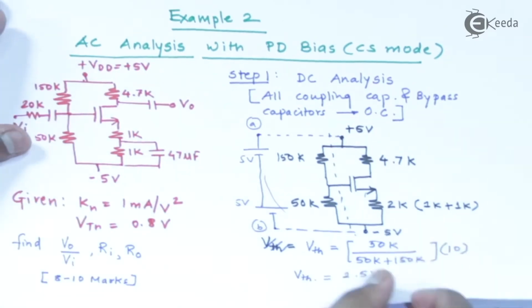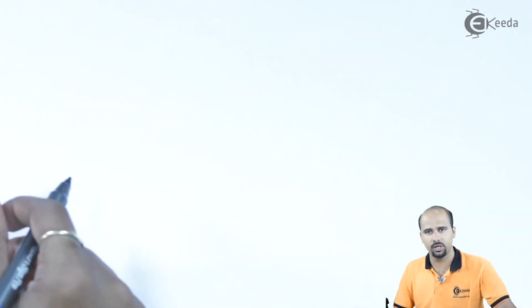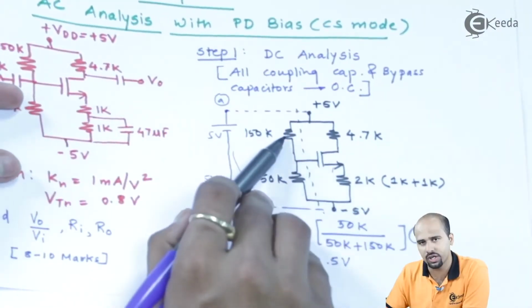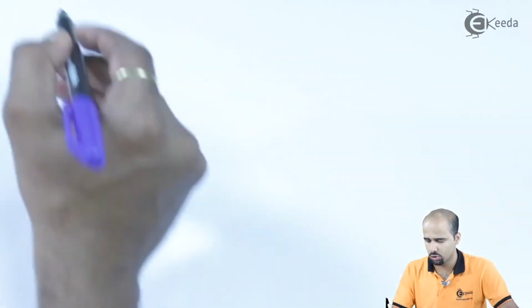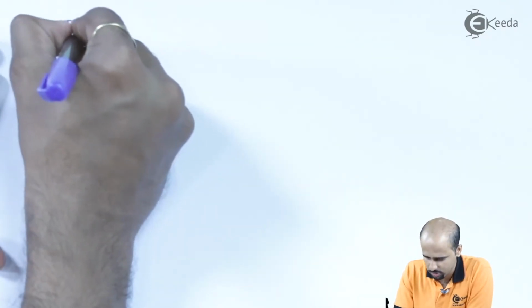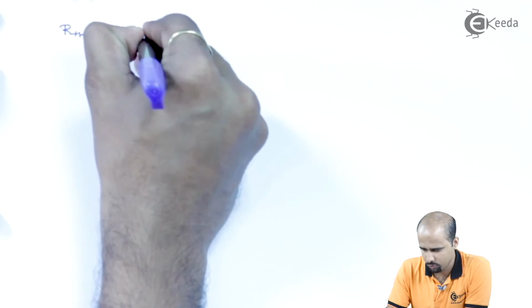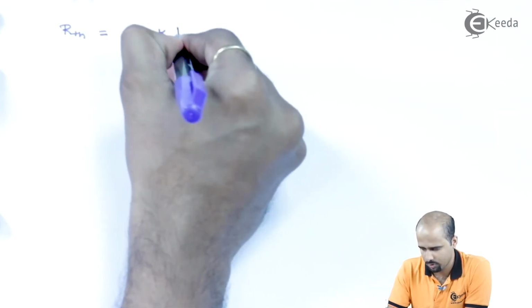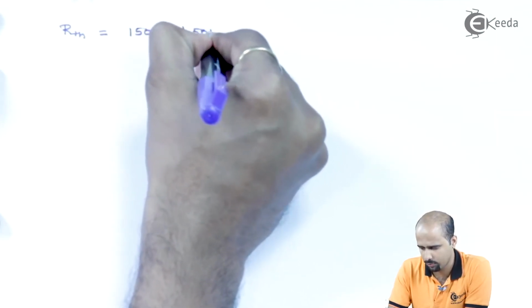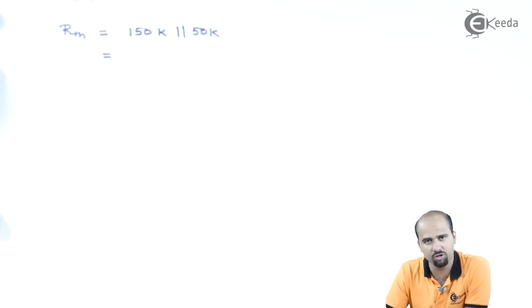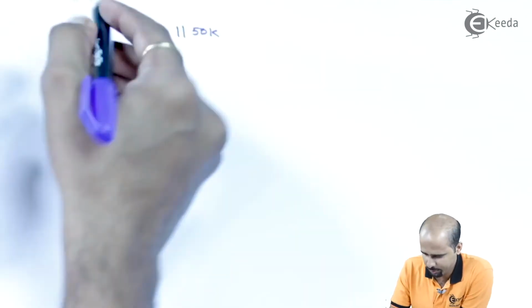Another parameter we will calculate, and it will be very simple. RTH becomes 150k in parallel with 50k. Calculate the value, you will be getting 37.5k.